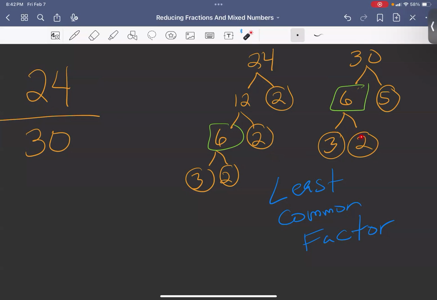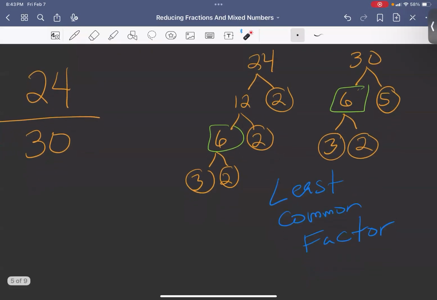So the prime numbers that 24 and 30 have in common are... they have 3. So we could use 3. We could use also 2.